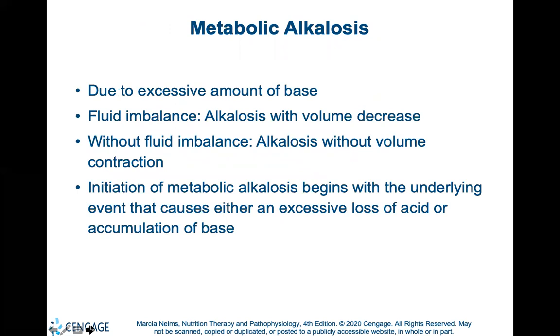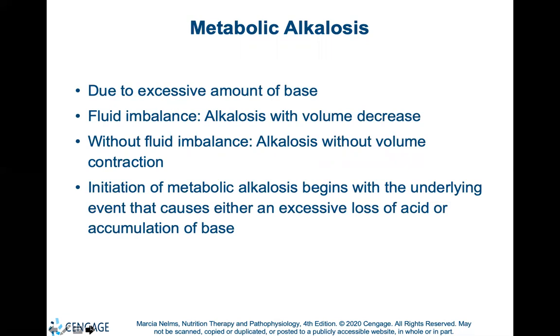Presence of an excessive amount of base results in metabolic alkalosis. Generally, this acid-base disturbance is caused by a loss of non-volatile acids or the excessive administration of bicarbonate, such as transfusion of whole blood. Clinical situations resulting in alkalosis can be categorized as either conditions involving fluid imbalances or those without fluid imbalances.